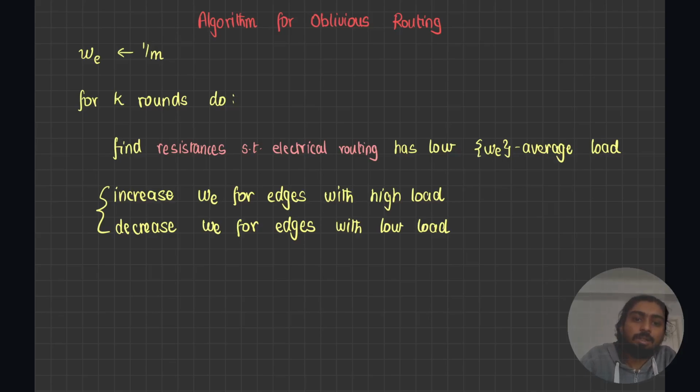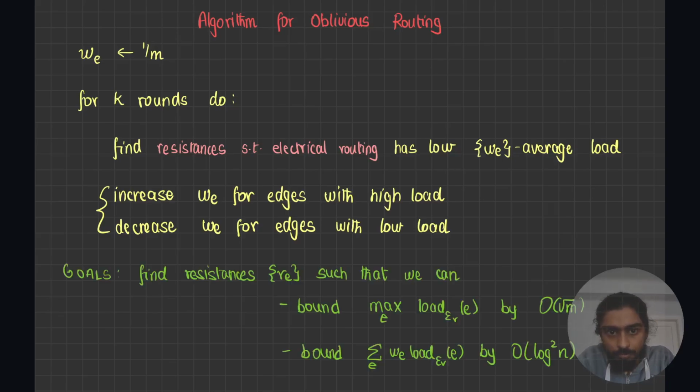And so earlier we found a spanning tree. Now we want to find resistances such that electrical routing according to these resistances has low load. Okay, so what were the two parameters before? It was the K and the low average load. These were the two parameters we had for spanning trees. And it's going to be the same now.